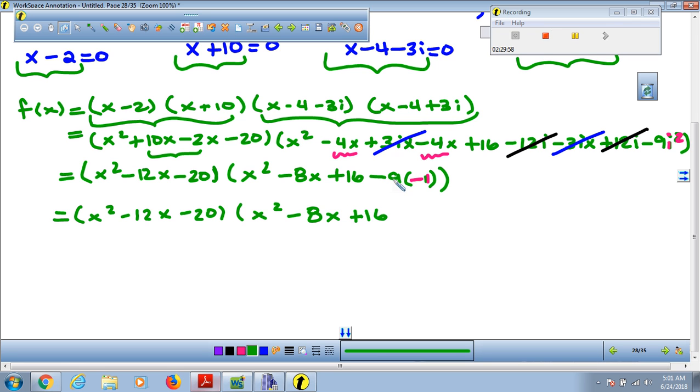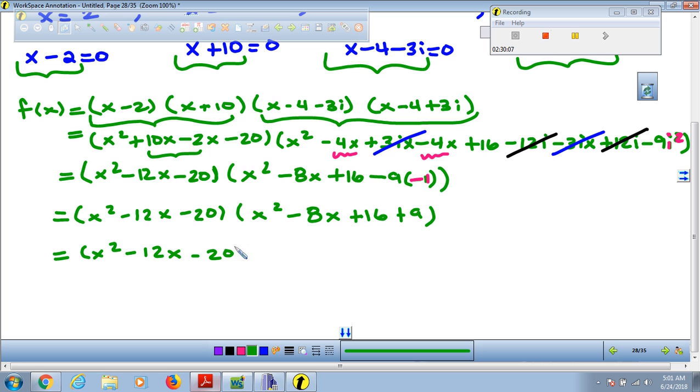Here you're going to multiply -9 times -1, +9. So here x squared minus 8x, and then when you add these two, it's going to be 19, 20, 21, 22, 23, 24, 25, plus 25.